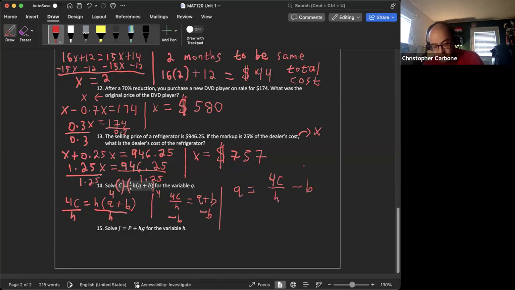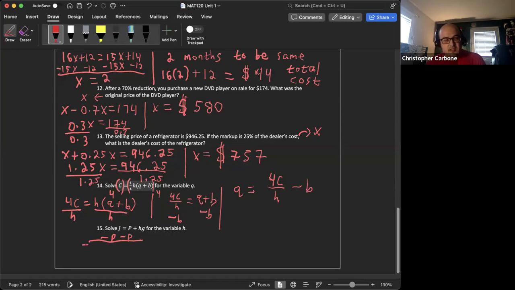And this last one, solve J is equal to P plus H times G for the variable H. We're first going to subtract this P over. The capitalization does matter, meaning if you put a lowercase q instead of an uppercase Q, it's going to mark that as wrong.